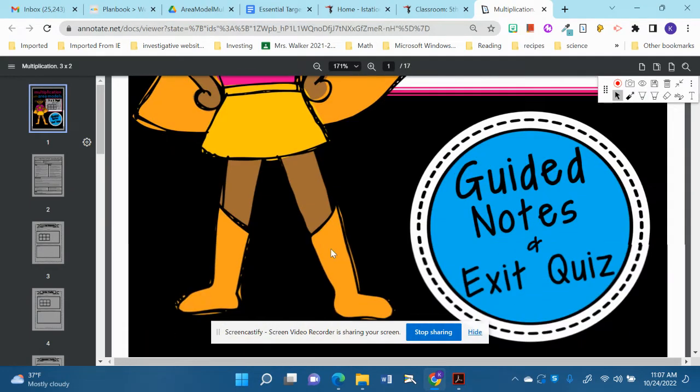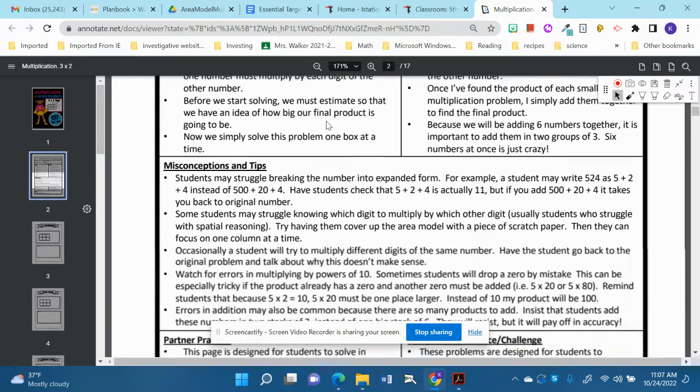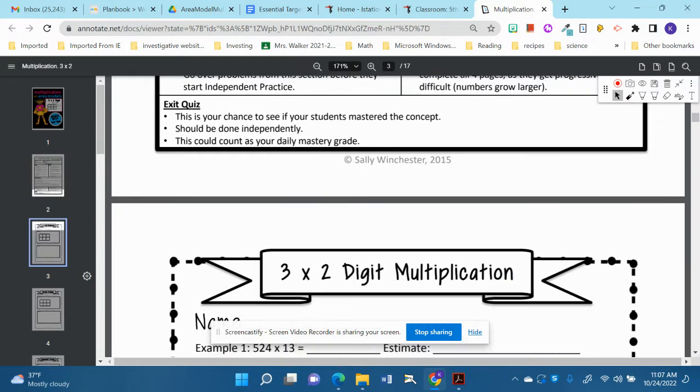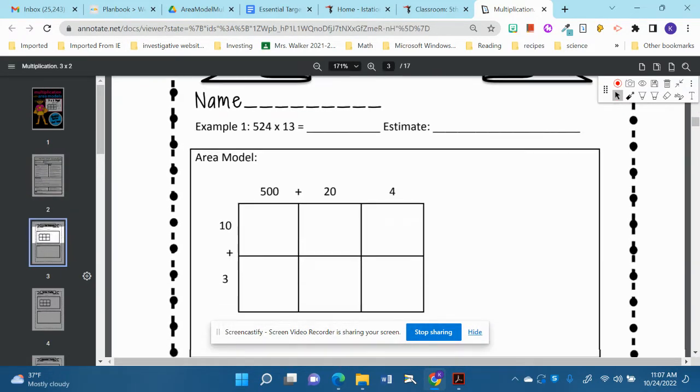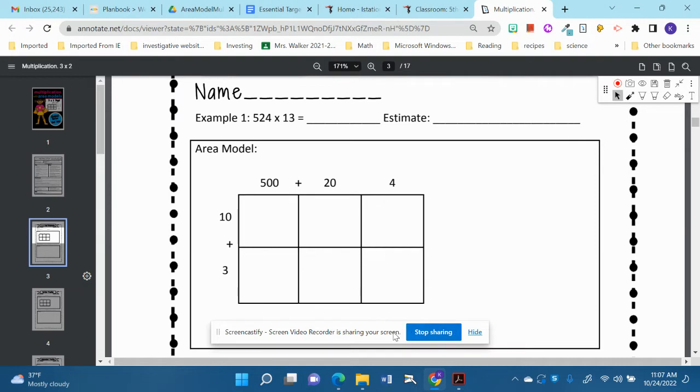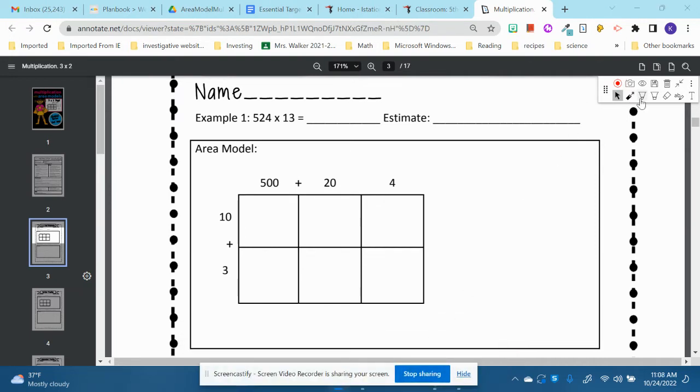So as we look, did you guys do the area model last year? Okay. So we're going to be breaking this apart. Here's our number: 524 times 13. How many place values do I have? Remington, how many place values do I have in 524? 3.